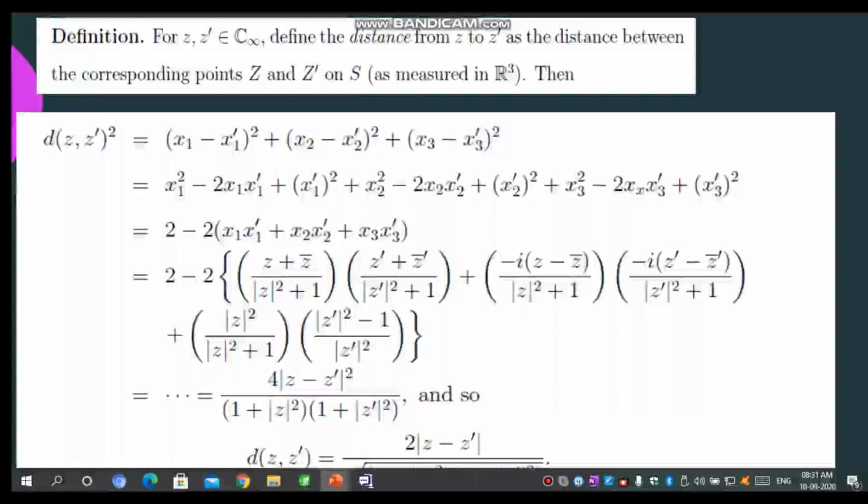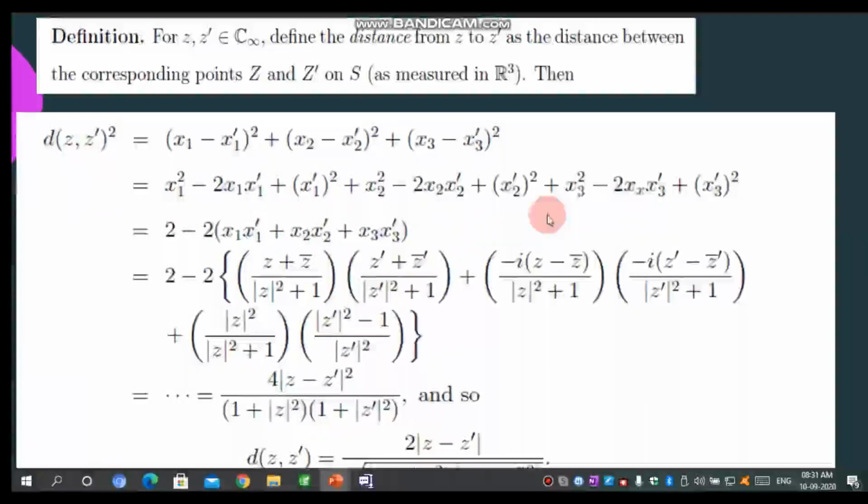So we are imposing a distance function on C infinity using the usual metric on R3, considering them as points of S. Suppose capital Z is x1, x2, x3 and capital Z dash is x1 dash, x2 dash, x3 dash. Then d(z, z dash) whole square is equal to x1 minus x1 dash whole square plus x2 minus x2 dash whole square plus x3 minus x3 dash whole square, raised to 1 by 2.